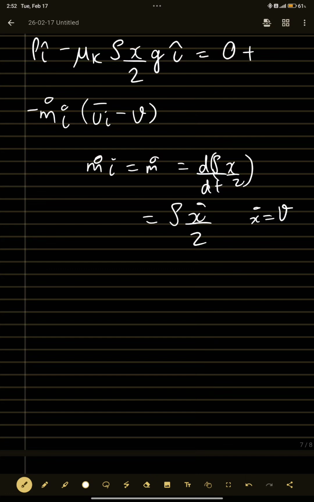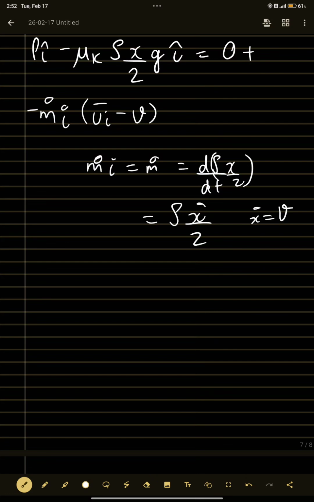Now you focus on ui. Ui is the absolute velocity of the inlet mass before it has entered the system. So before it entered the system, this particular link was at rest. And then it came to velocity v. There is an impulsive transition. So that's why this is giving rise to an impulse. The mass that was earlier at 0 velocity suddenly now is being added.